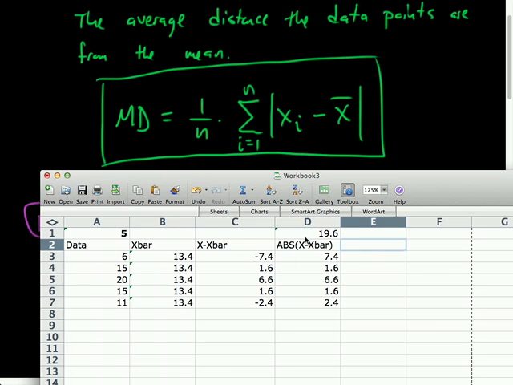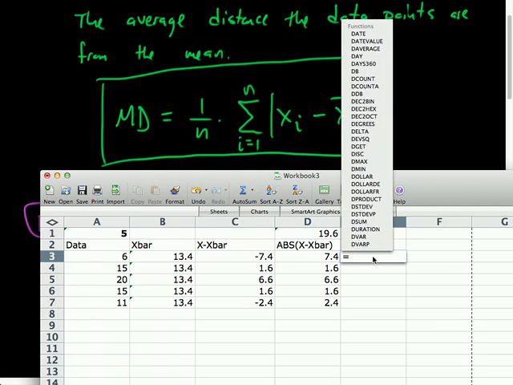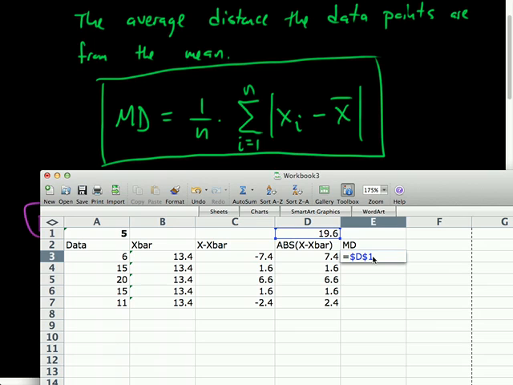To find the mean deviation, I'm going to take that sum and do what with it? Multiply by 1 over n, or that's the same as dividing by n. So that's going to equal this guy, and I'm going to make that an absolute reference. So I'm going to say $D$1 divided by this guy, and I want that to be an absolute reference as well, so when I drag this down, it'll always be the same.